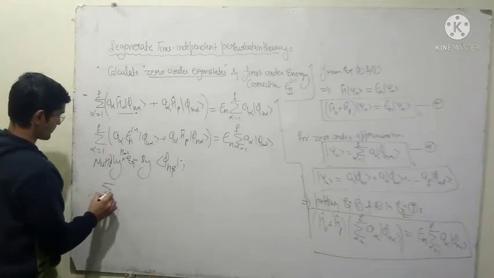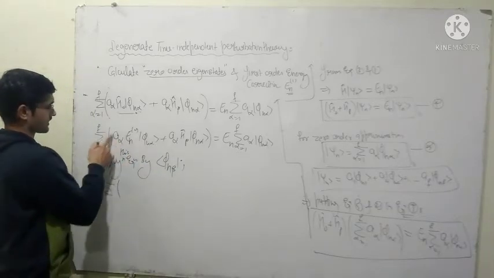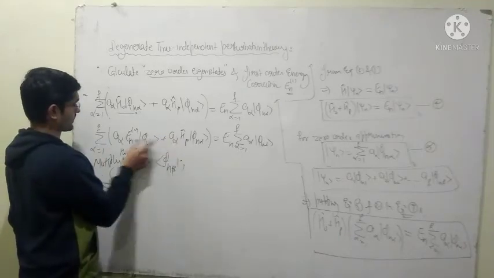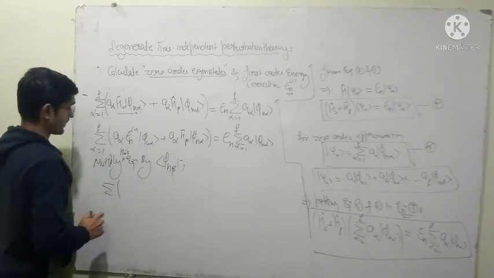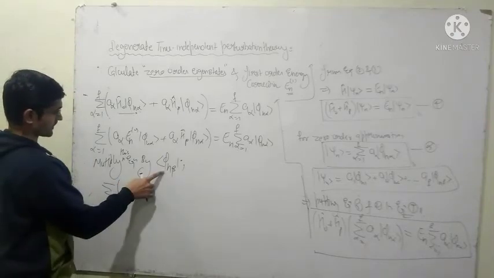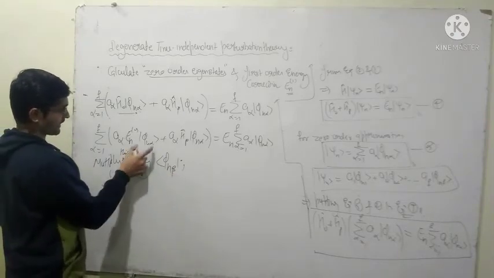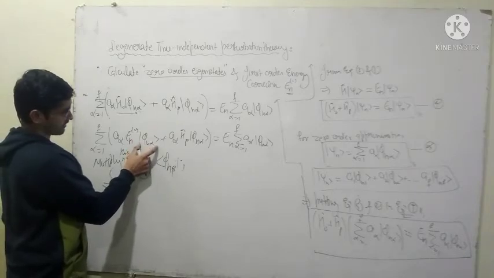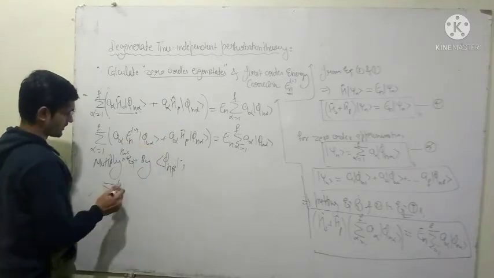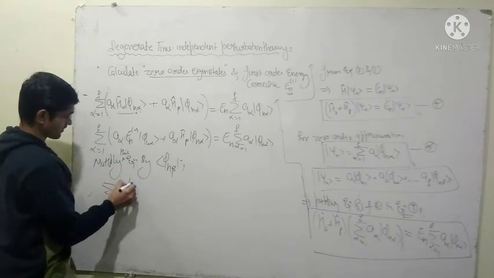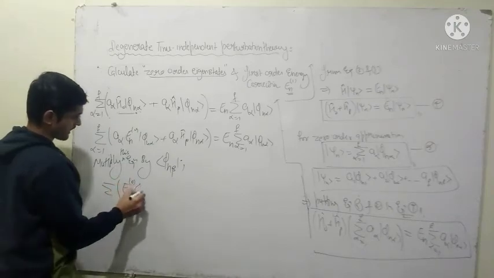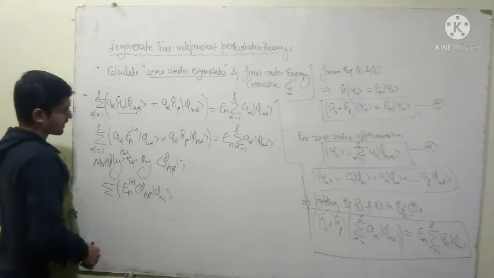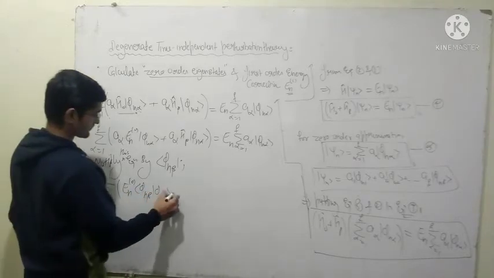Because this is just a scalar quantity, and there it is the same scalar quantity, we can take it as common. This bra vector will take the inner product with this state. The scalar quantity comes out of the product, and these two states are multiplied.